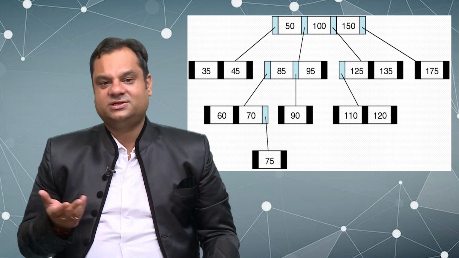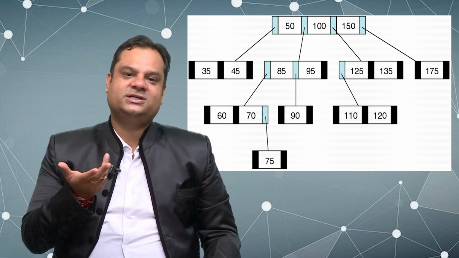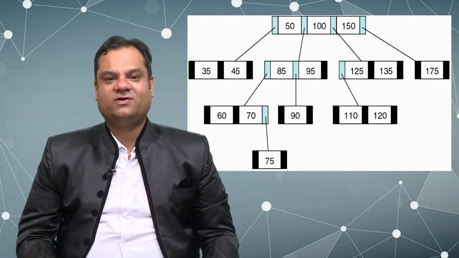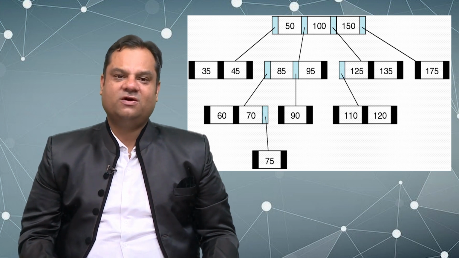So we can't insert 60 or 70 at the same position. So we insert 60 and 70 as a left child of 85. So we connect them as the left successor of 85.